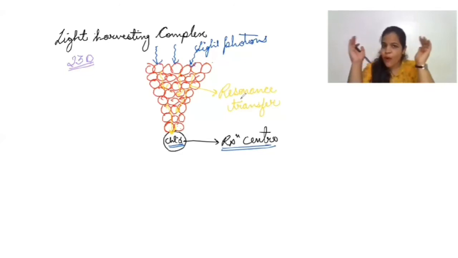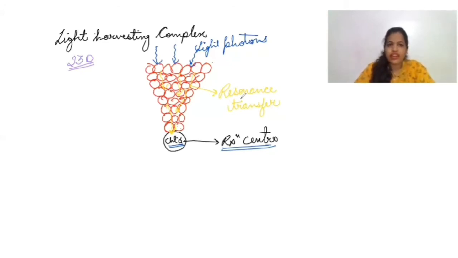Clear? So all the pigment molecules have to gather light photons and send them to the chlorophyll A, the reaction center, through resonance transfer, where the photon's energy is sent to the chlorophyll A.